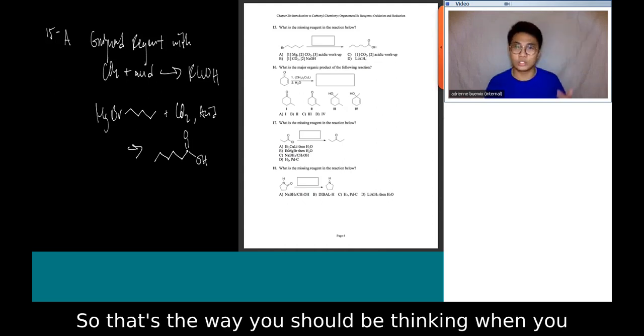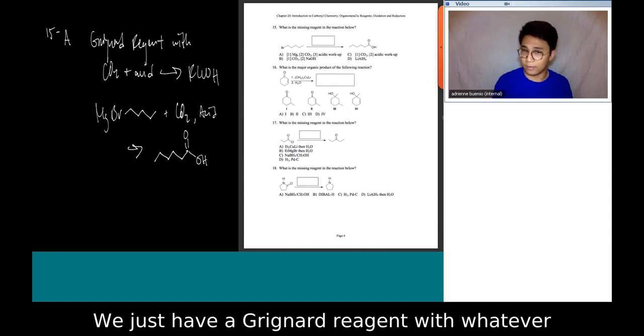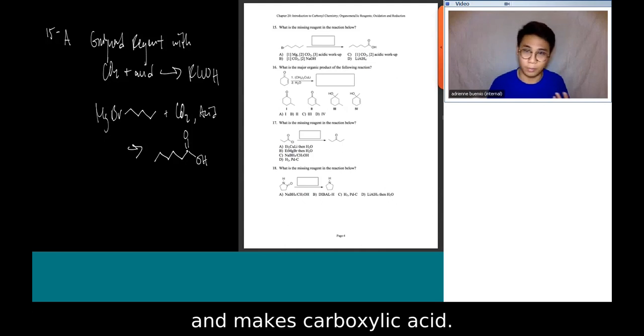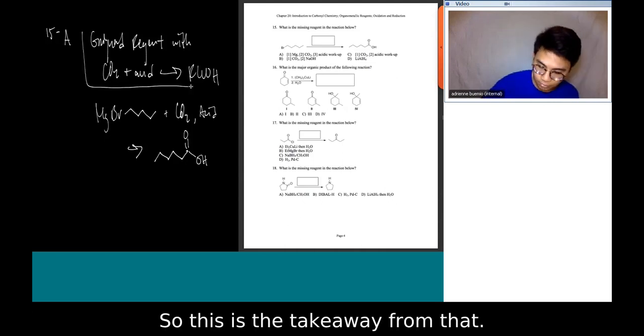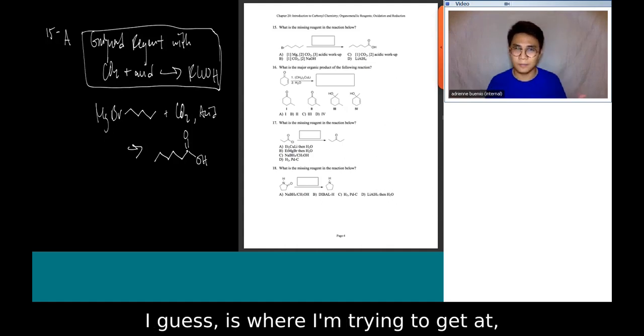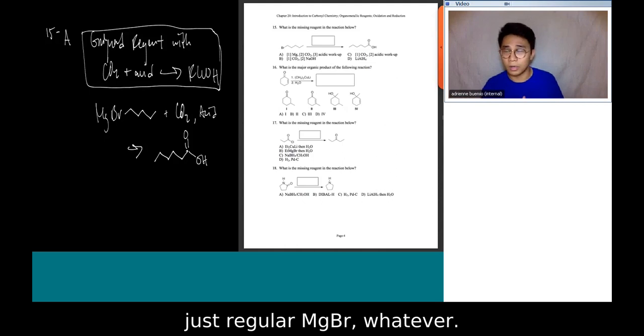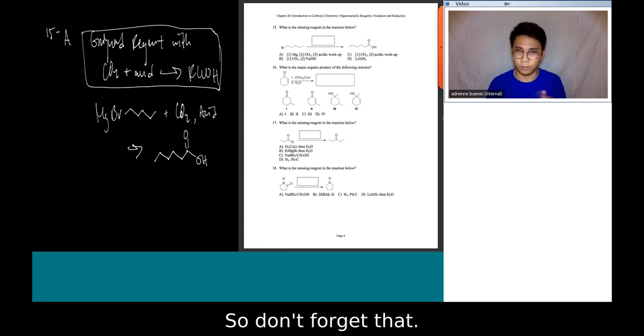So that's what you should be thinking when you see this problem, right? We just have a Grignard reagent with whatever and it makes carboxylic acid. So this is the takeaway. Grignard reagent has 2 functions, I guess, is what I'm trying to get at. Just regular MgBr, whatever, and then adding CO2 and acid to it makes a carboxylic acid. So don't forget that.